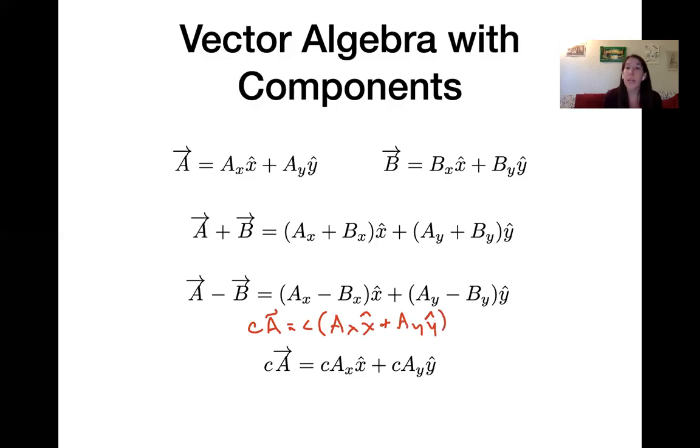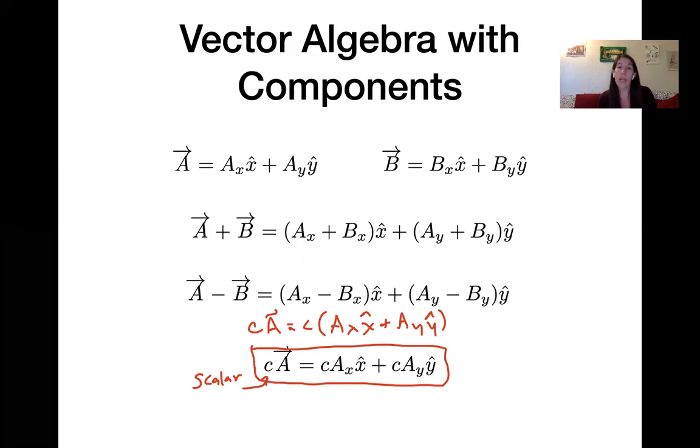And now all I've done is I've factored in this c, which is representing a scalar, and that's how we get to this formula right here. All right, so that's how you do vector algebra given components of vectors.